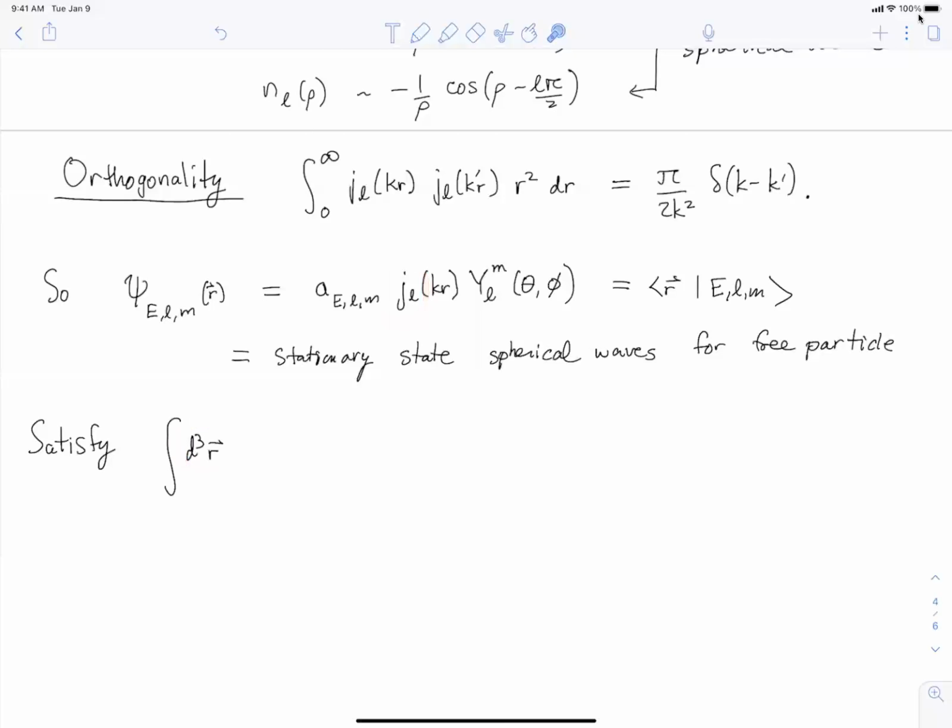So I don't want to include the Neumann function solutions in this particular situation. Okay, these satisfy that if I take the complex conjugate for E prime, L prime, and M prime, and I multiply by the stationary state for E L M.